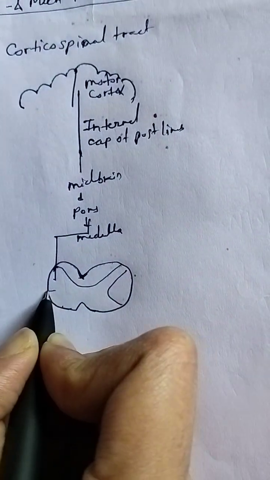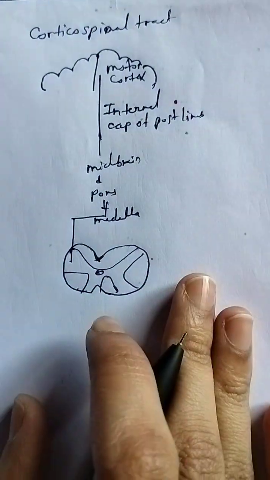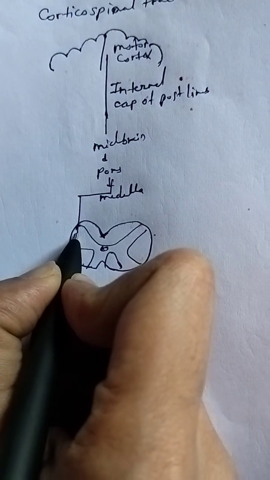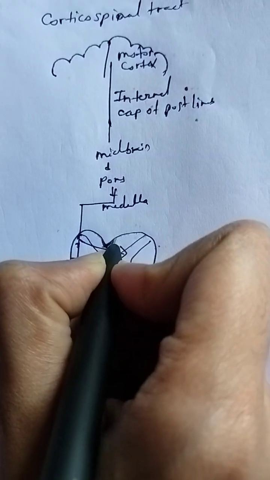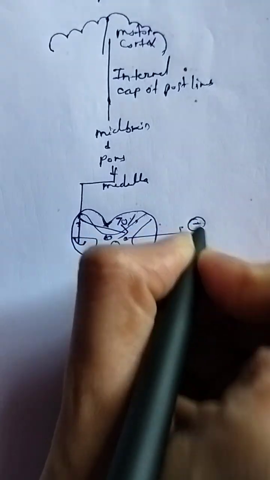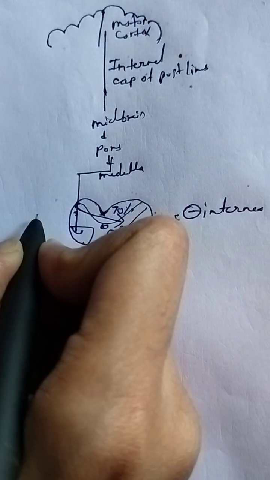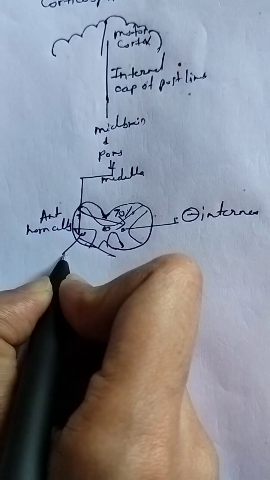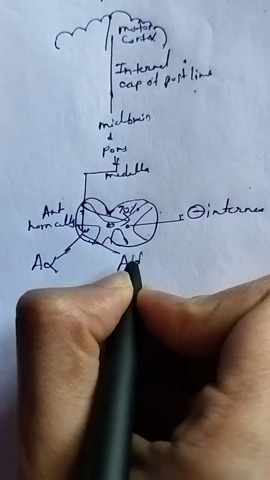This is our spinal cord. Okay. So from this step in the spinal cord, it is going in two ways. 70% go to the inhibitory interneuron, and in 30% cases it goes through the anterior horn cells and is again divided into two, that is A alpha and A delta.